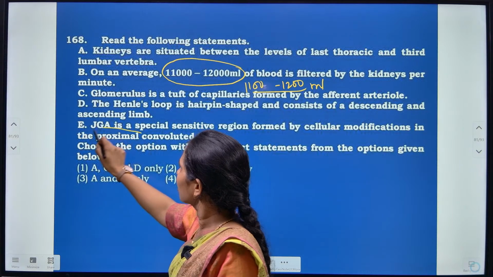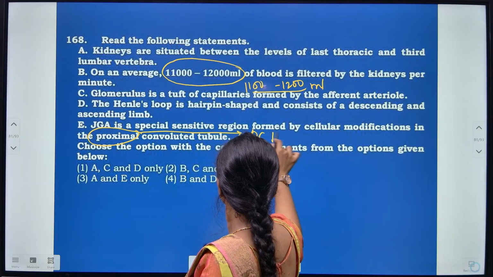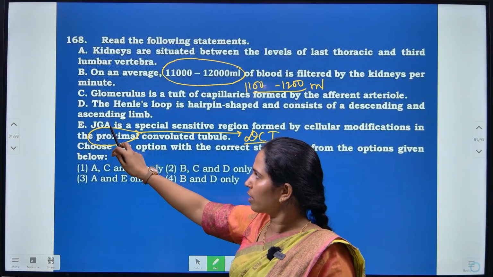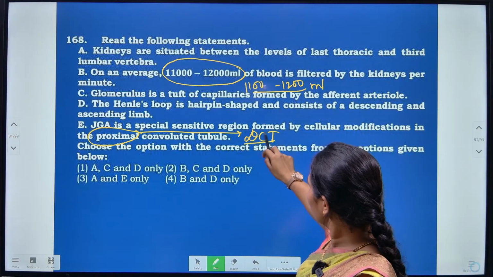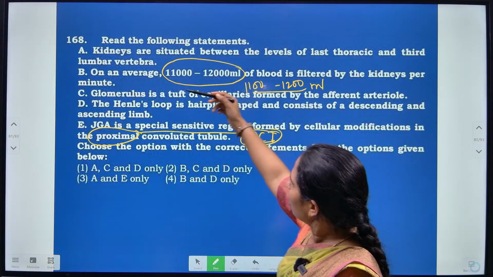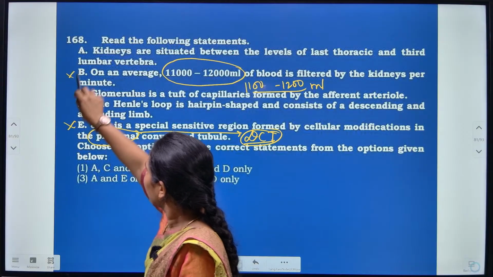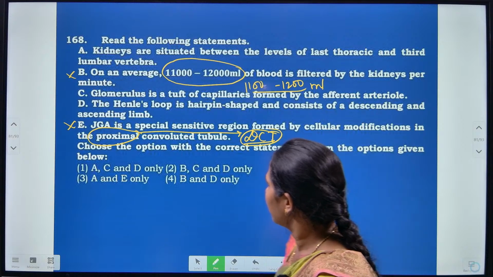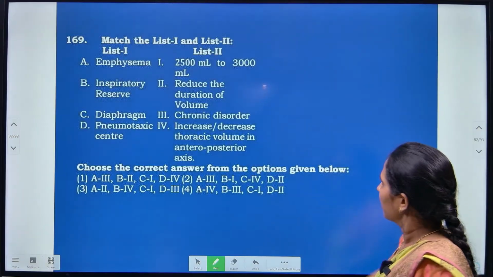It is not the proximal convoluted tubule, but the distal convoluted tubule, the DCT. So the JGA, the juxtaglomerular apparatus, is formed in the sensitive region of the DCT. So options B and E are incorrect statements, but the remaining A, C, D are the right ones. So A, C, D only. Option 1 is going to be the right answer.